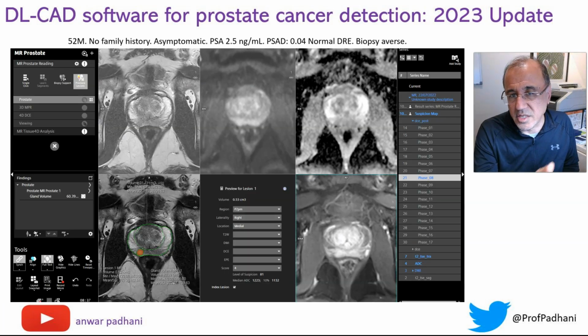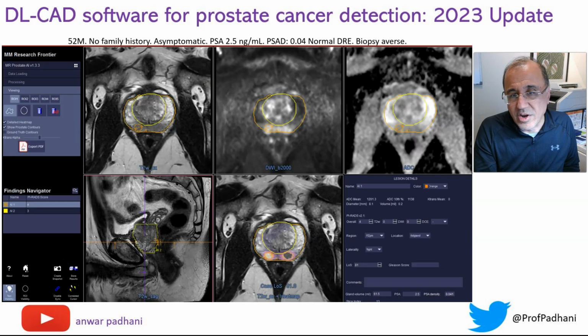So if you look at this software, for example, you've got a diffuse bilateral peripheral zone abnormality, but this software only identifies one area, and it's a tiny area on the right hand side. So are we not going to biopsy the rest of the prostate gland?